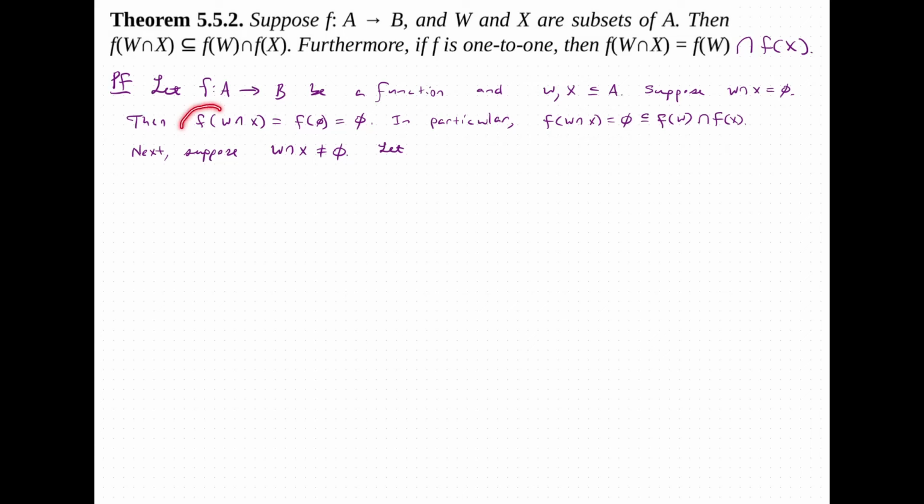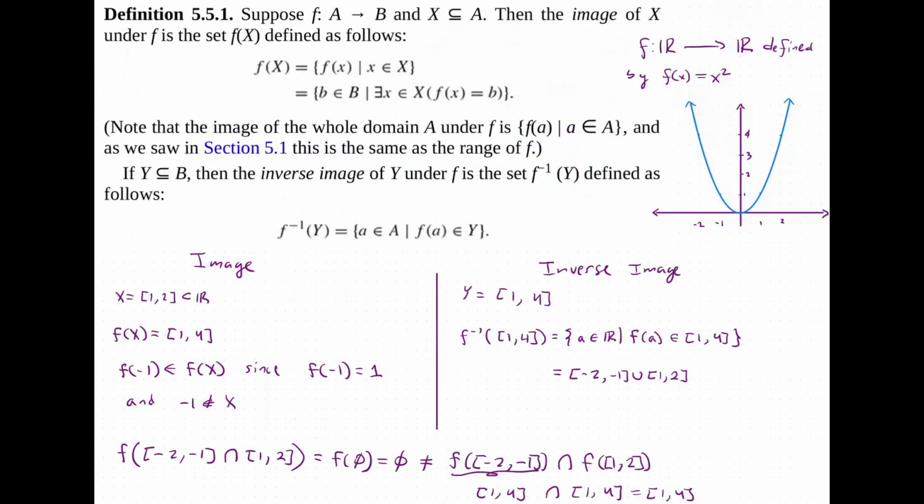We're going to choose an element in the image f of W intersect X. So let's go ahead and choose a d in f of W intersect X. By definition, for d to be in here means that there is some element in W intersect X such that that element maps to the given d that we have.